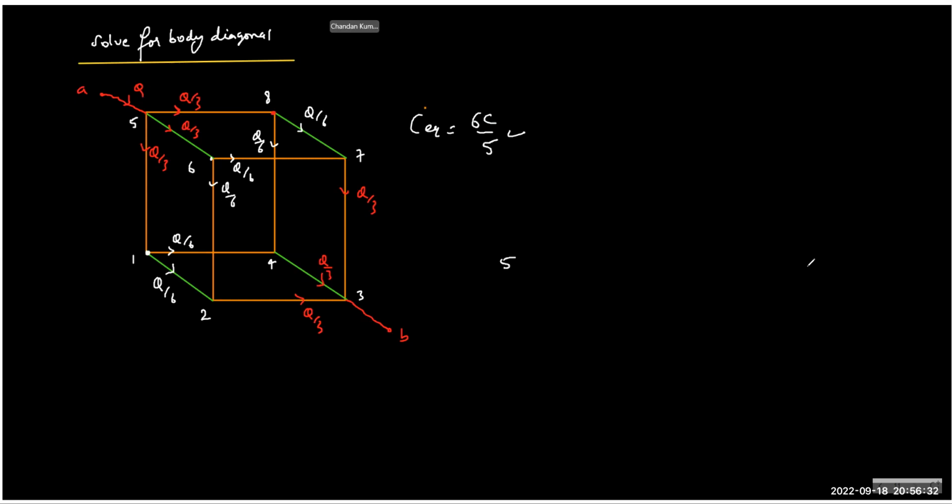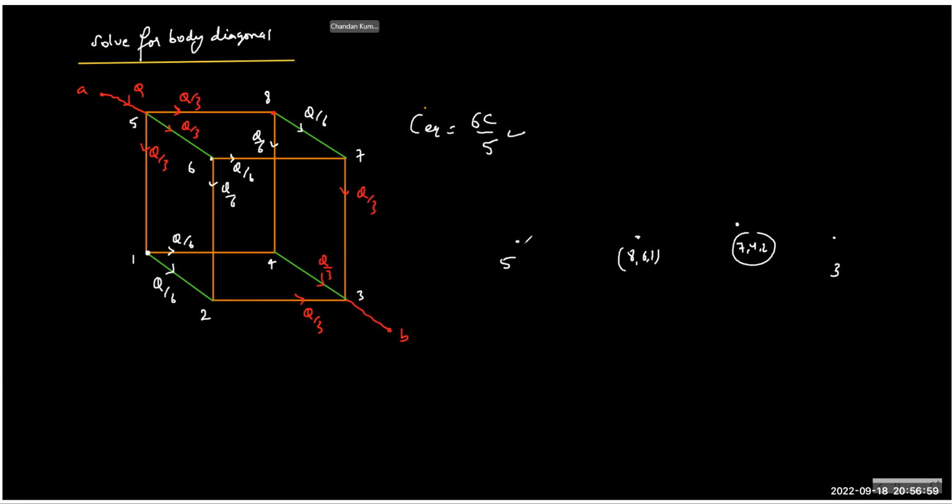So 5 and 3 are the two extremes. Then 8, 6, 1 is one particular point, an isopotential point. And then 7, 4, 2. So I think this is the diagram, right?